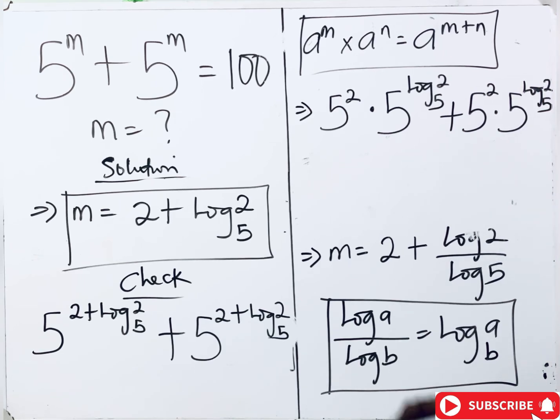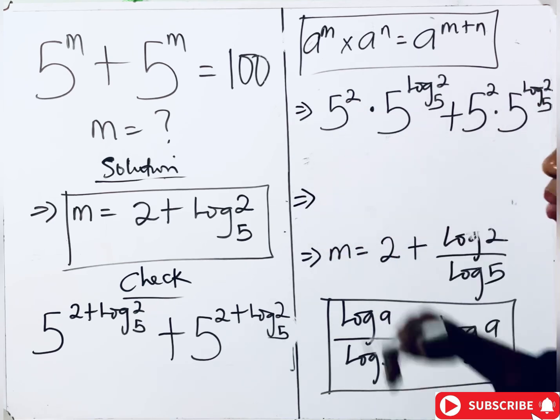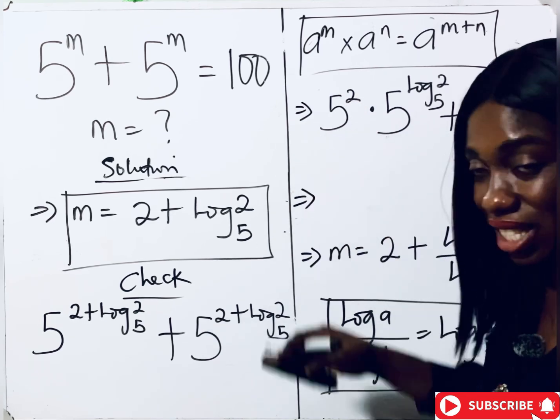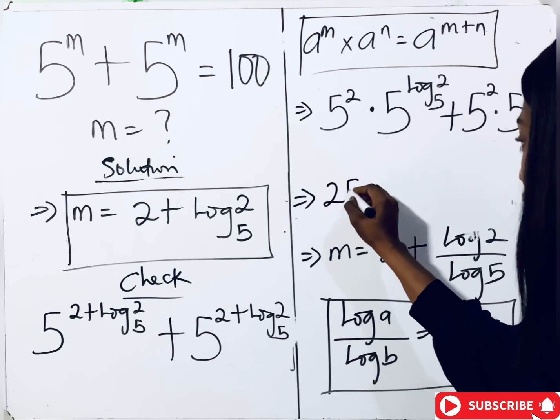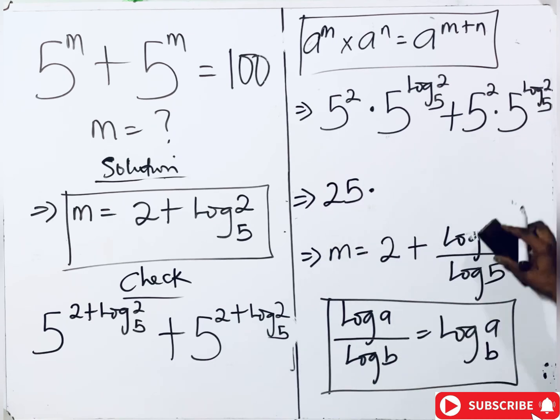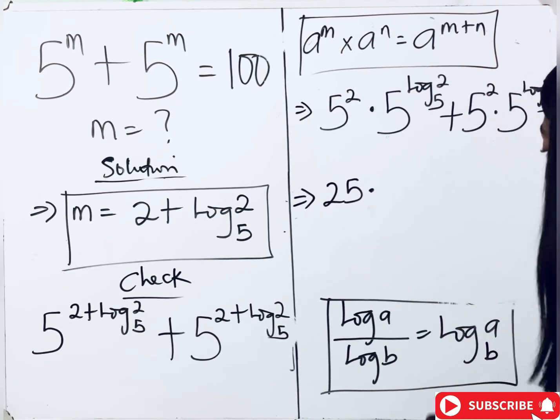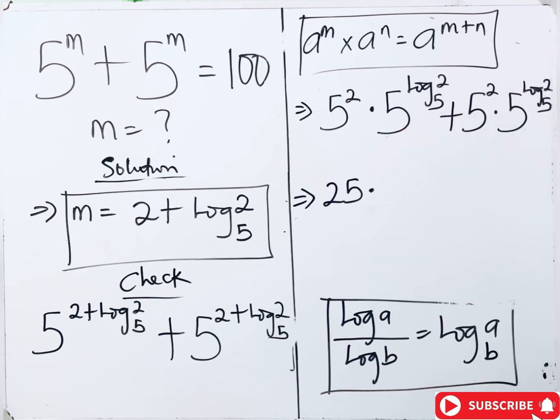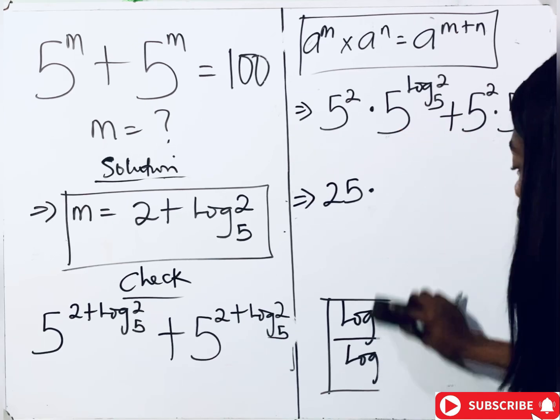So 5 to the power of 2 is 5 multiplied 2 times to give us 25. Then multiply by this. Now when you look at this, what do you think you should do here? Let me remind you of this rule. And what does the rule say?